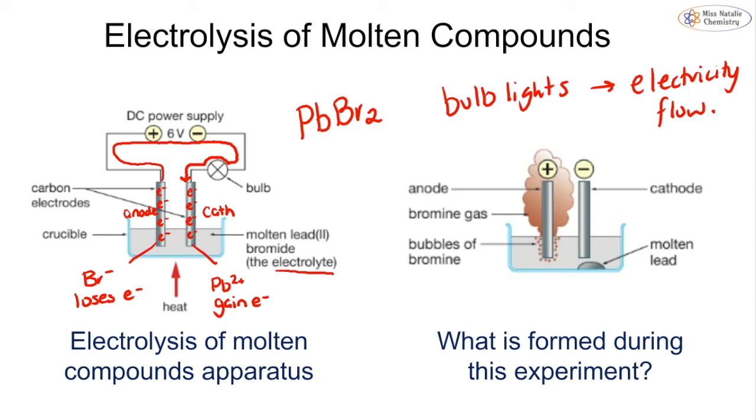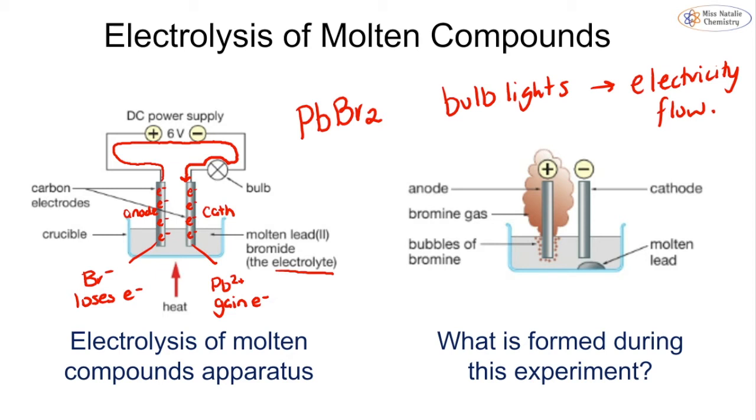So this is a way to allow the bromide to give its electrons to the lead without the electrons having to go through the molten solution, because they cannot travel in the molten solution. They can only travel through the wires and the electrodes. So the bromide loses the electron at the anode, it passes through the wires, goes to the cathode, and is then gained by the lead.